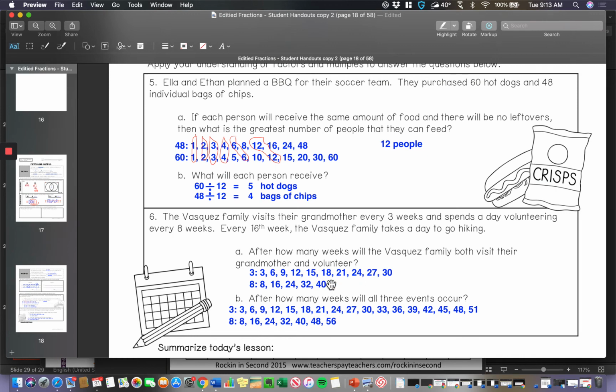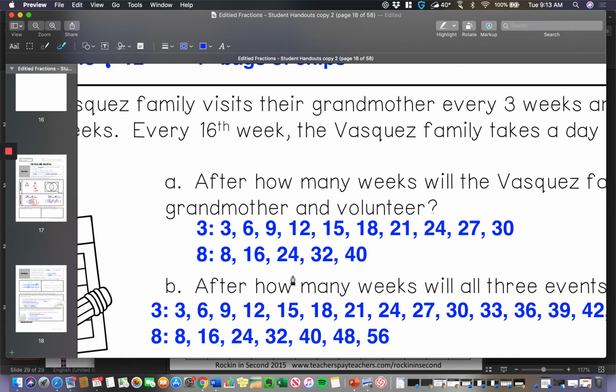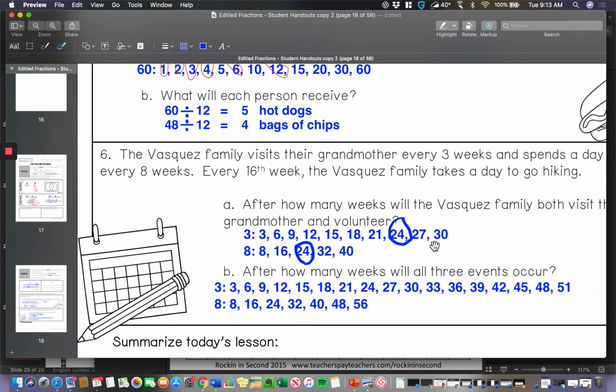What's the least multiple that they have in common? So in this case, when I find my multiples that they have in common the least, we have 24 and 24 here. Those are the numbers that they have in common the least. So my answer for this one is going to be 24 weeks.